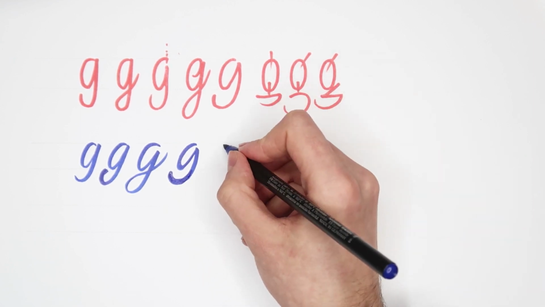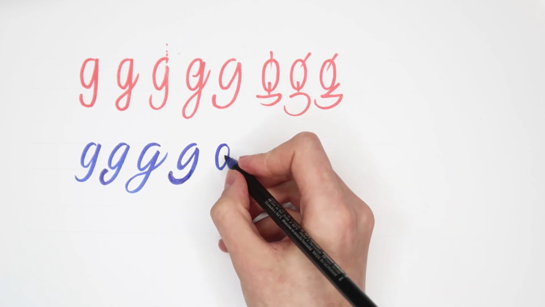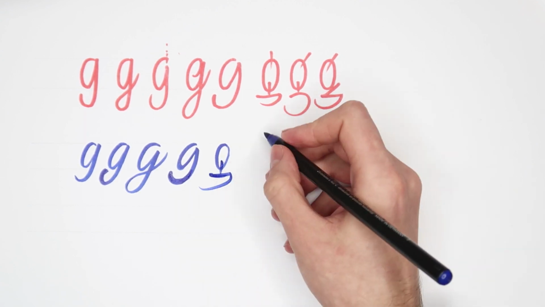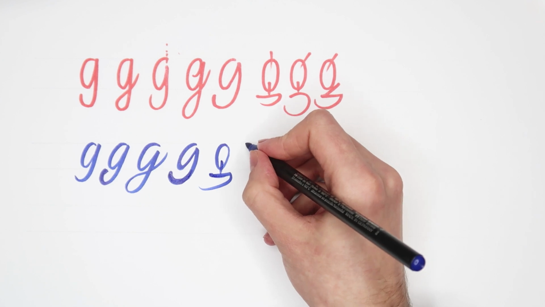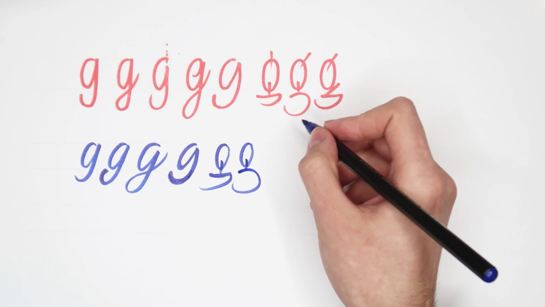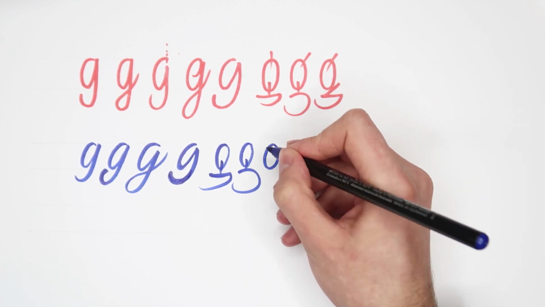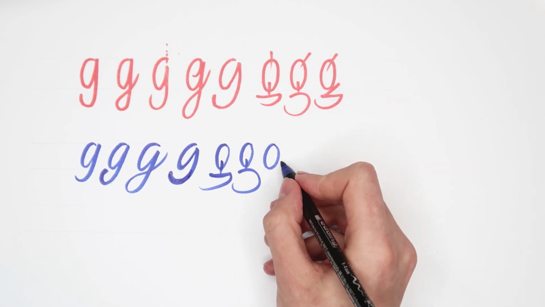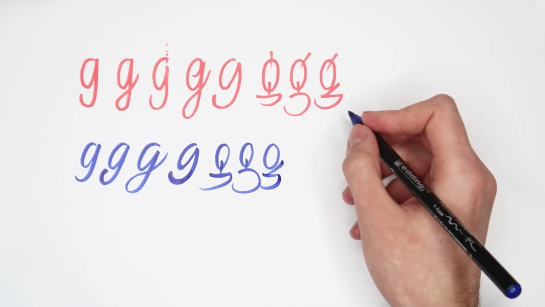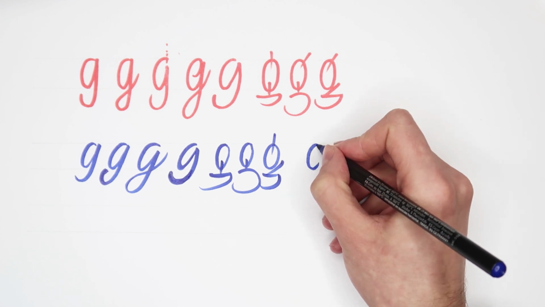And let's try the fancy ones. Starting with an O, a stroke, another stroke, and a swash. O, and the round thingy. O, stroke, stroke, stroke, something like this. Let's try the last one another time.